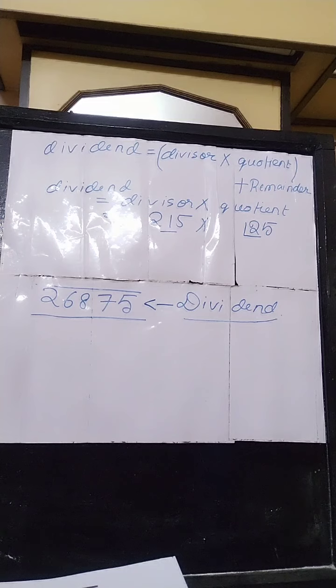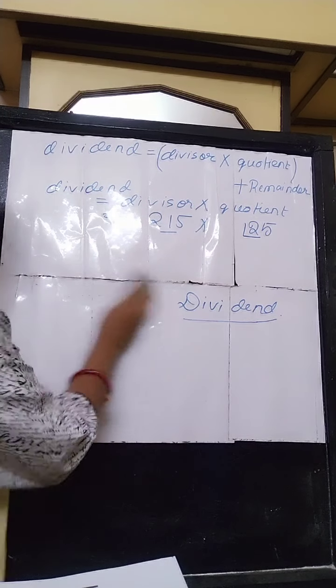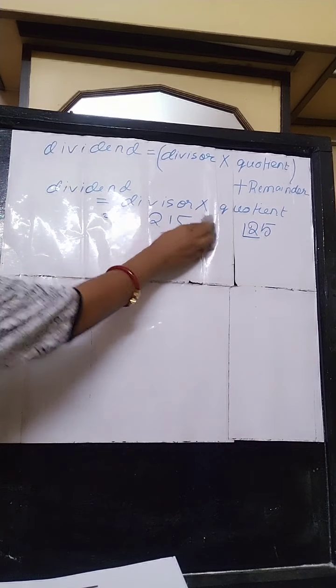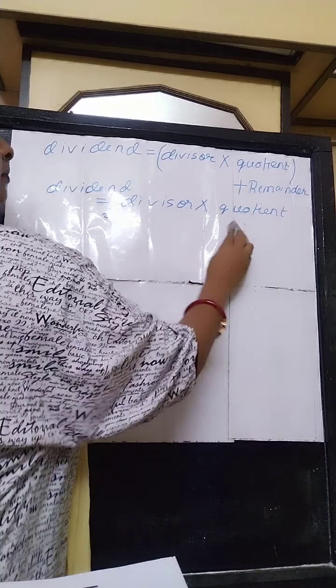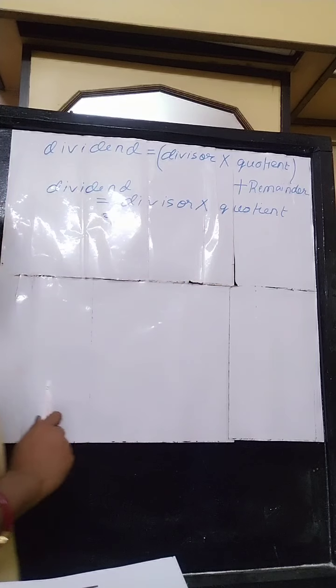Divisor, quotient and remainder are given. Previous sums we have done where there was no remainder, but in this sum, remainder is there. So formula will be dividend is equal to divisor into quotient plus remainder.